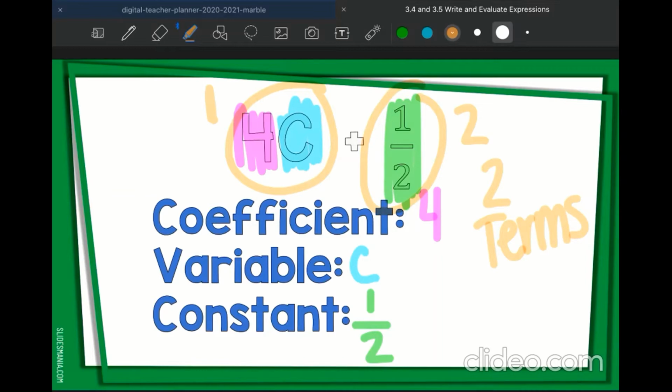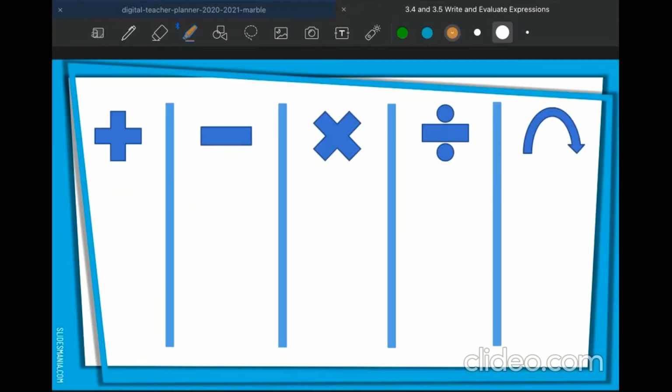All right, so now that we know about an expression and we know the parts of an expression, let's talk about our operations. Now, hopefully we all know that there are various words out there that mean different operations. So, for instance, if I read a word problem and it wanted me to add, what are some words that would give me a clue that it wants me to add?